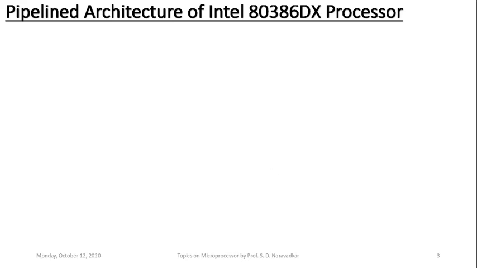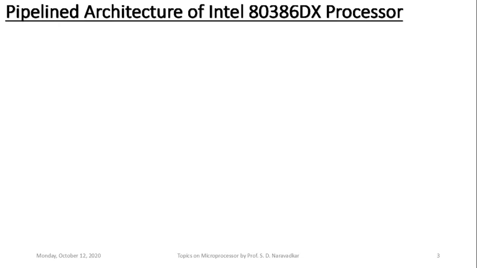Hello friends, in this video lecture I want to take the details of pipeline architecture of Intel 80386DX processor. In the earlier video lecture I have differentiated between two versions of 386 processor, namely 386DX and 386SX.